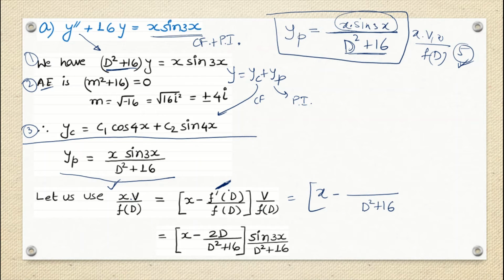Here this is the derivative of f(D), that means d by dD of D square plus 16. So d by dD of D square will give you 2D, and the constant will give you 0. So it is 2D by D square plus 16.